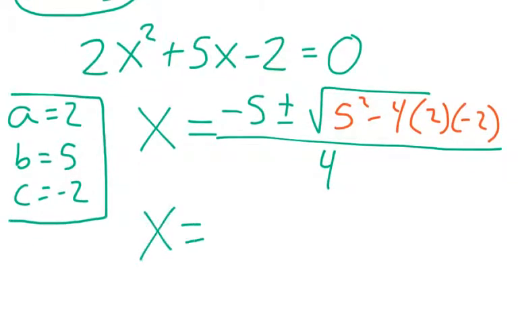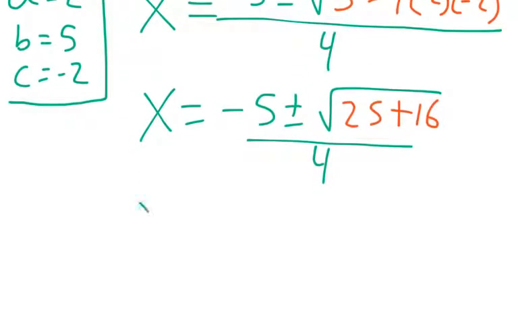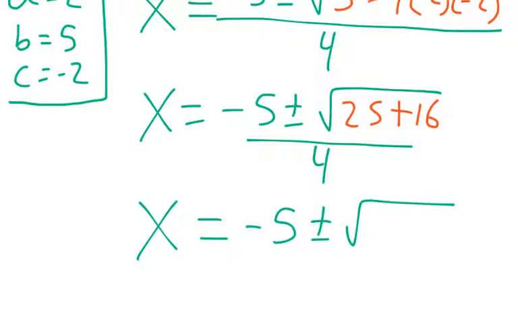So x equals negative 5 plus or minus the square root of 25 plus 16, all over 4. So you can see right here that my discriminant is going to be 41, and a positive 41 at that. So this is not a very nice answer.